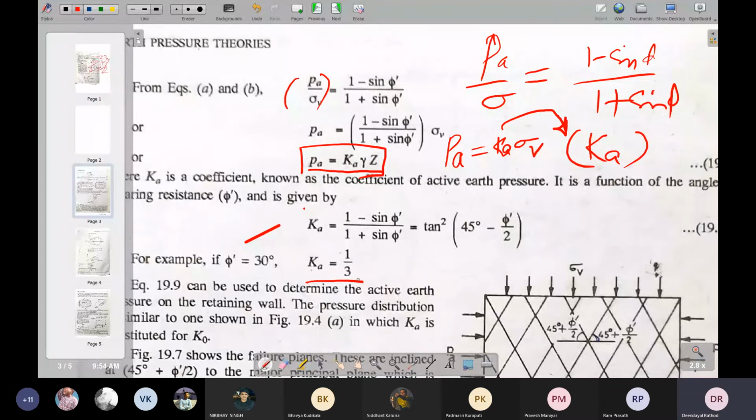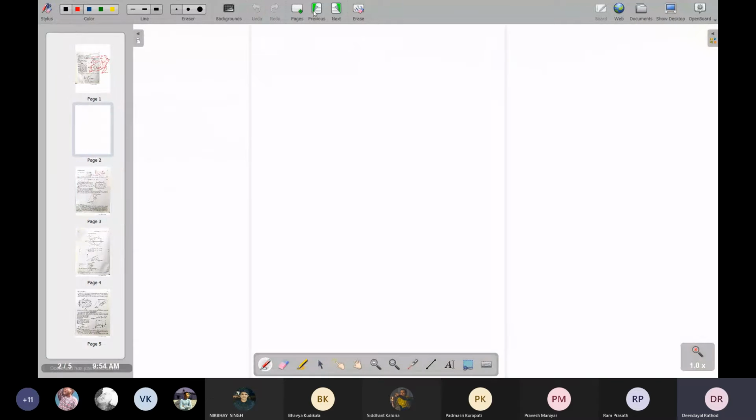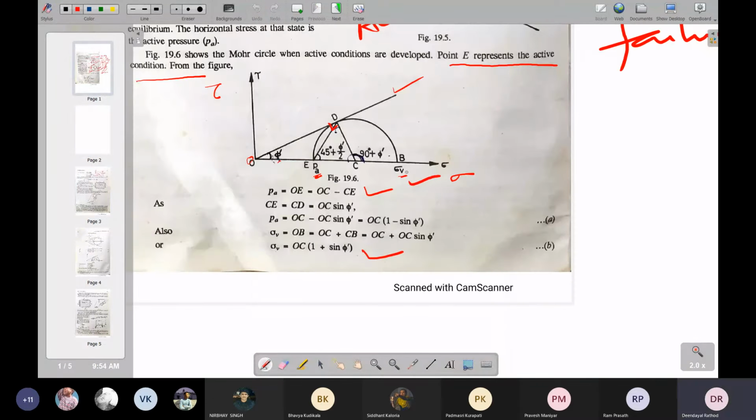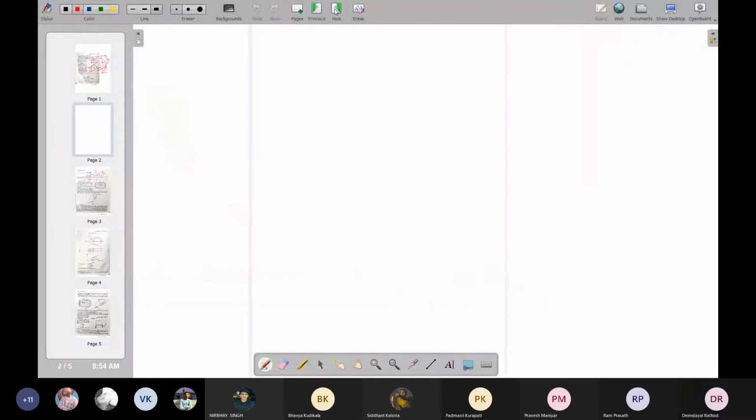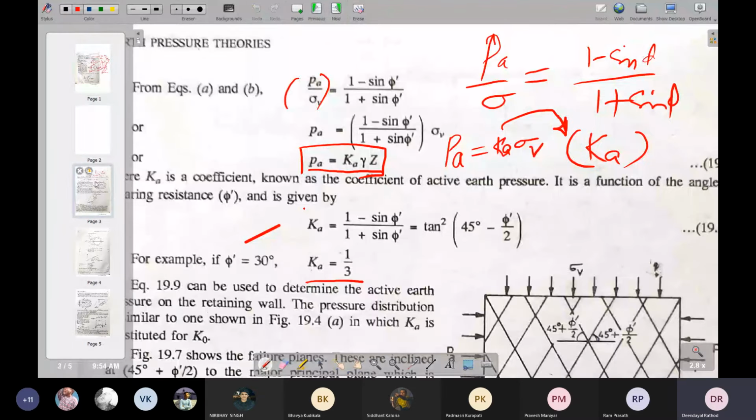Understood? So what we are saying here is that this particular PA and this particular failure plane make an angle of 45 plus phi by 2. It is the same vertical stress, but the only difference is Ka.